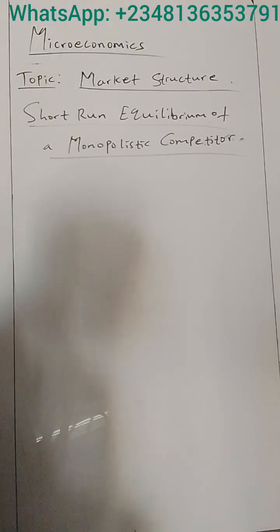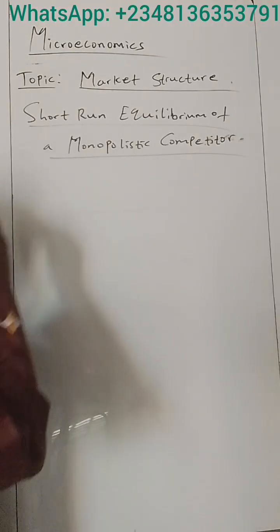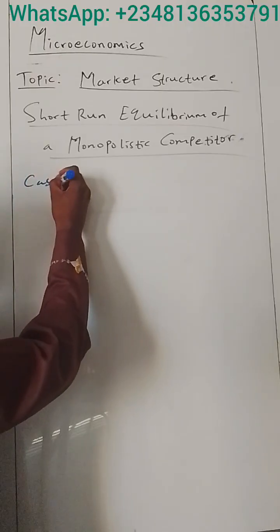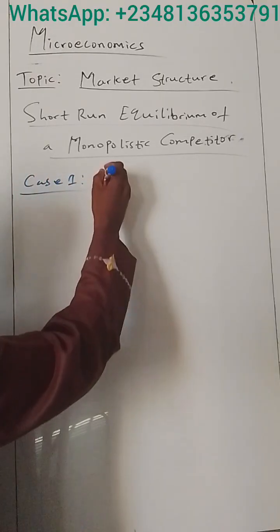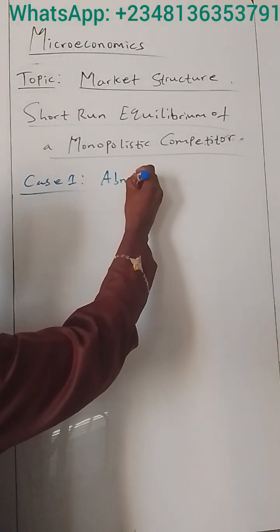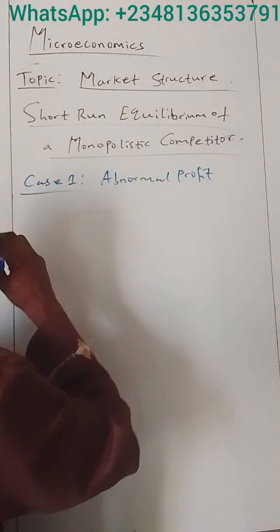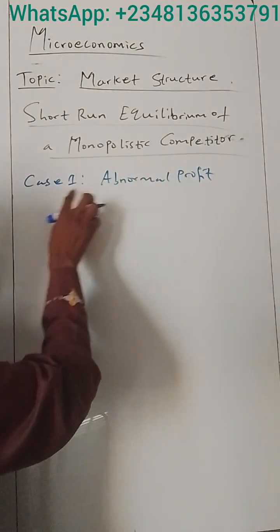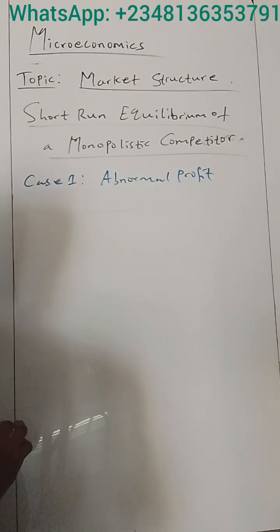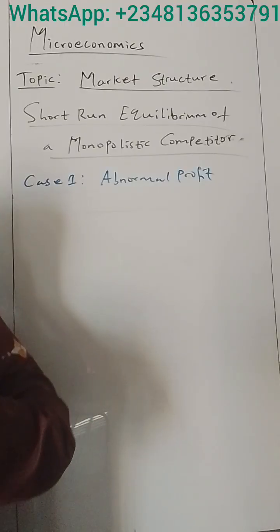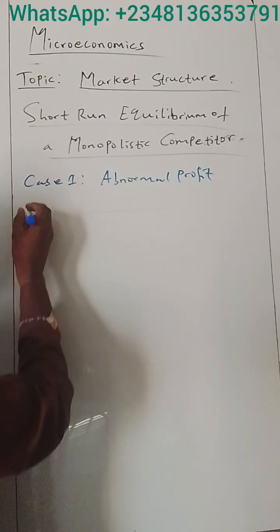So, in the short run, there are three situations in which firms in monopolistic competition can find themselves. The first situation, I call it case 1, is the case of abnormal profit, just like we have in monopoly and in perfect competition.